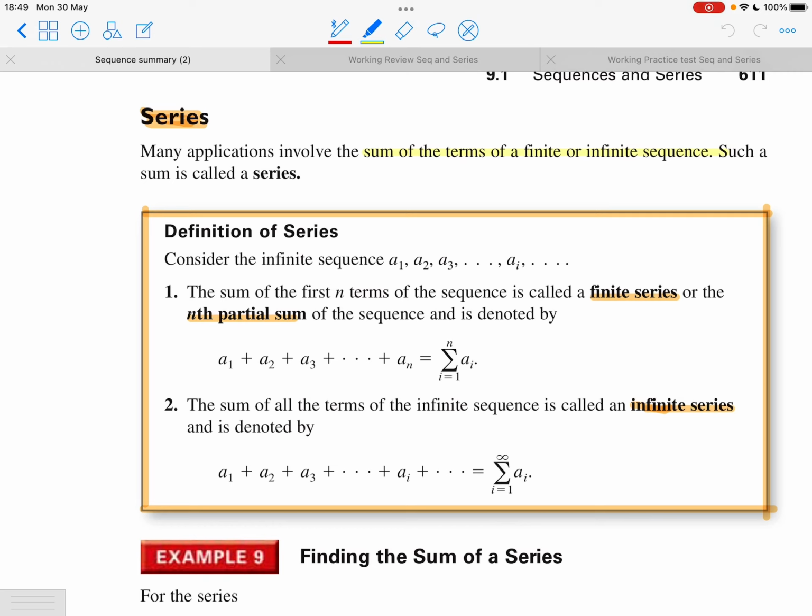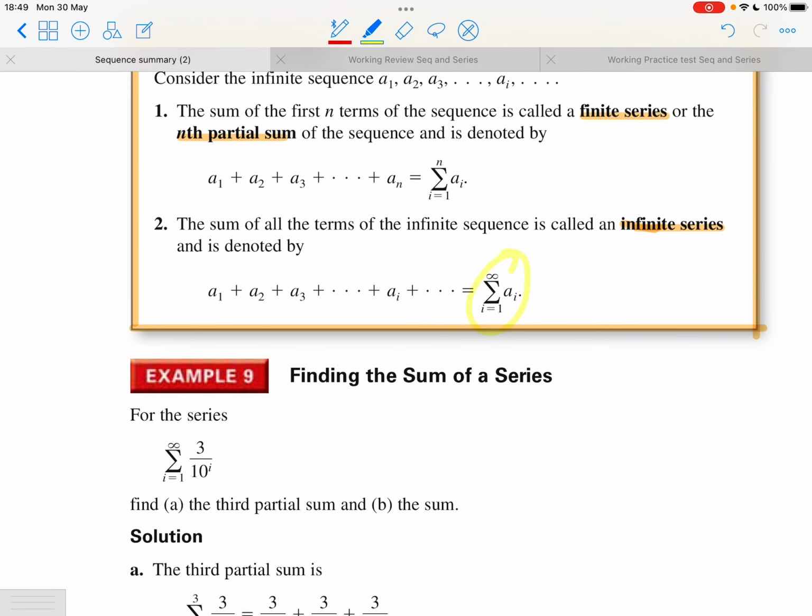It could be a finite sum or an infinite sum, an infinite series or a finite series. So a finite series is just the summation from i equals 1 to n of a_i, the sum of n terms. And then an infinite series is where we sum until n approaches infinity, so the summation i equals 1 to infinity of a_i.